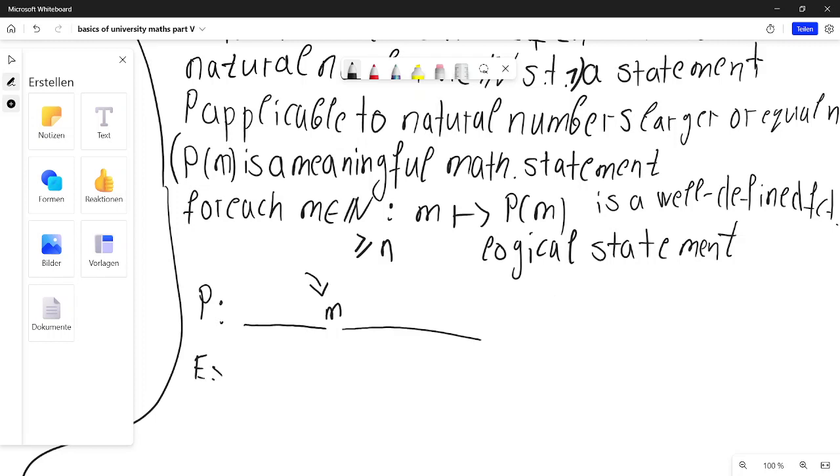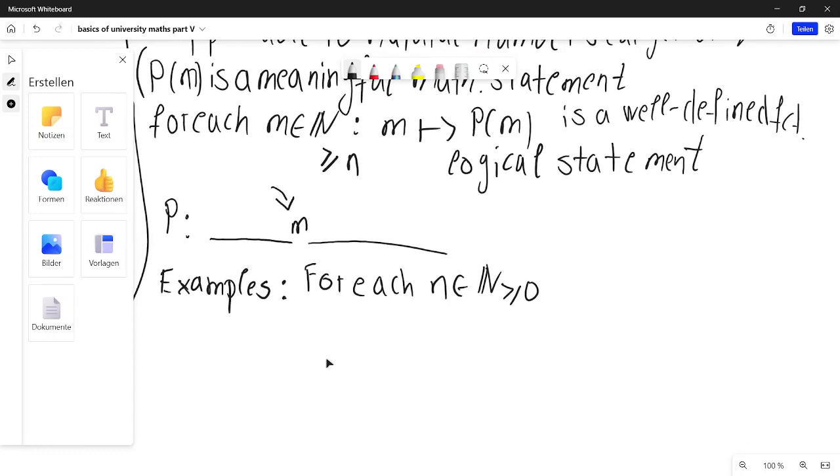consider most natural examples first. For each n in N bigger than 0, I don't know, 4n is divisible by 2.